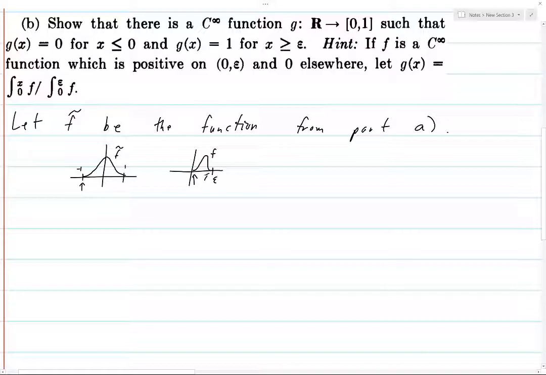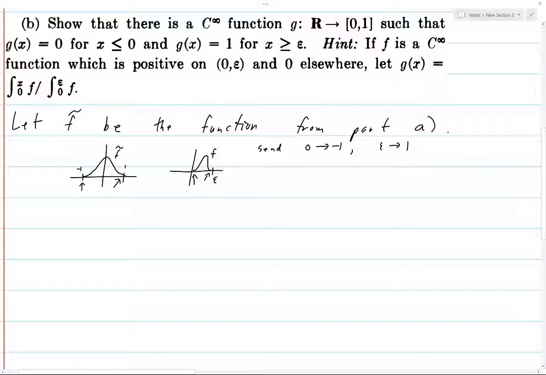And when we plug in epsilon into f, we're plugging in 1 into f tilde. So what we want to do is we want to send 0 to -1 and epsilon to 1.